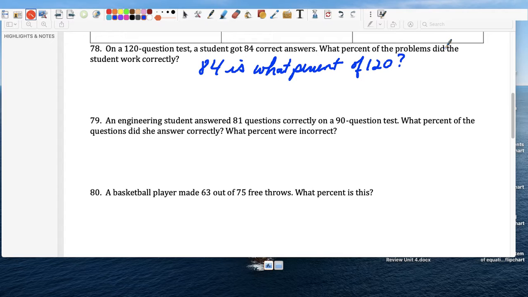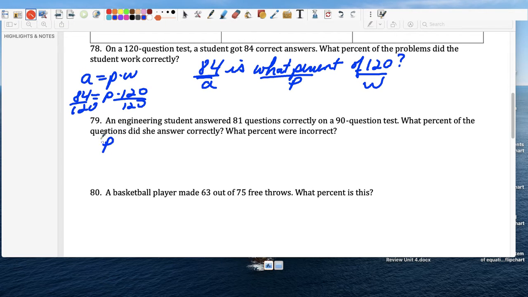You can use that question, and now we can use our equation. 84 is the part, 120 is the whole, and percent obviously is what we're trying to find. So we can substitute over here. And this is 120, divide both sides by 120.